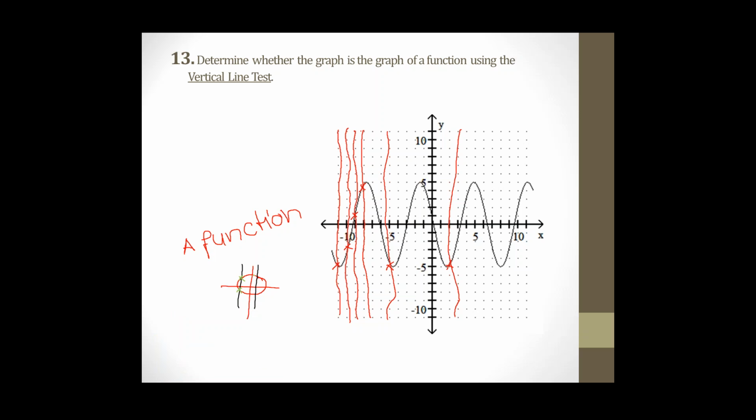So this graph is not considered a function. Just for you to see the difference, because you never know which version of the problem you will get on your final exam. So in our case, question number 13 was a function.